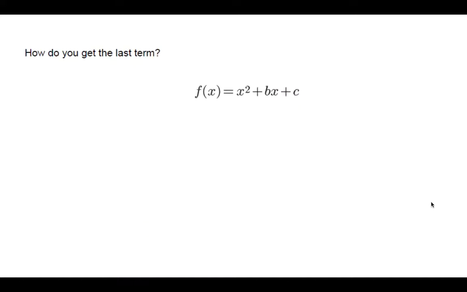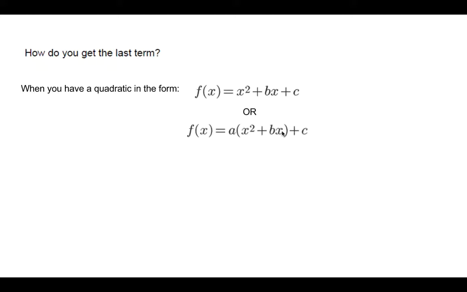So the question is, how do you get that last term? When you have a quadratic in this form, it's a perfect square if you divide b by 2 and square it, and you get c. So if you take out the a, then you've basically got the same thing.